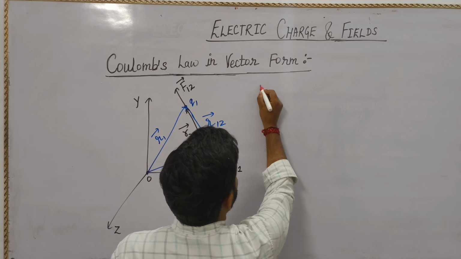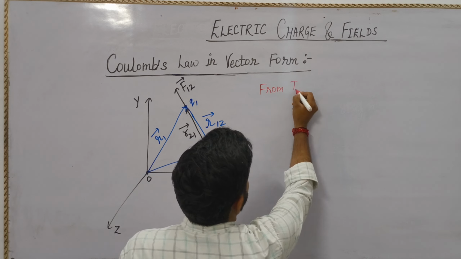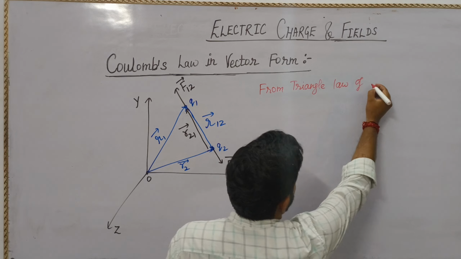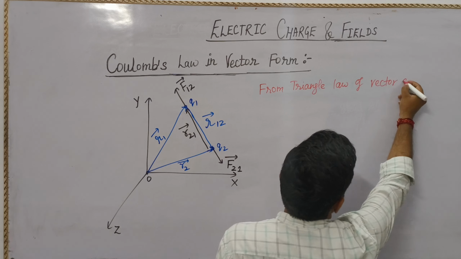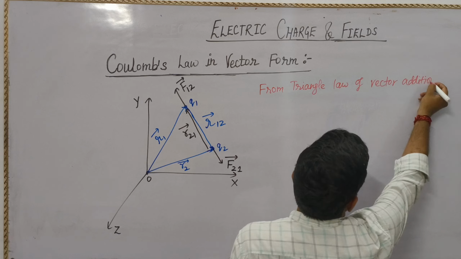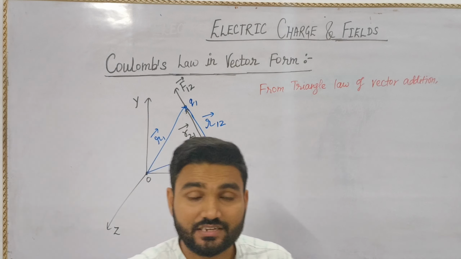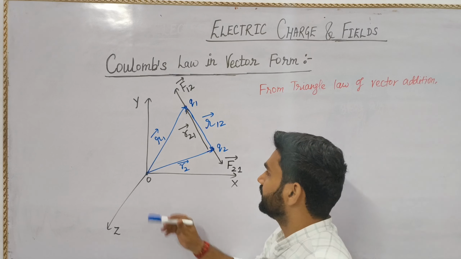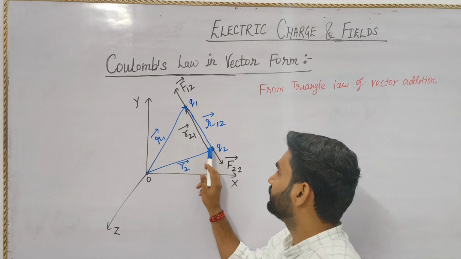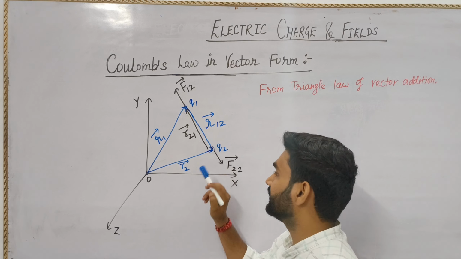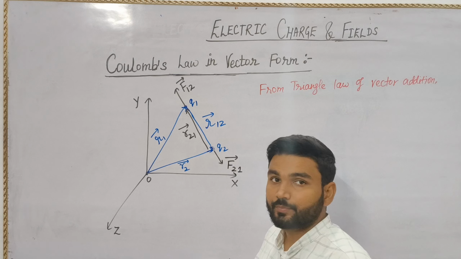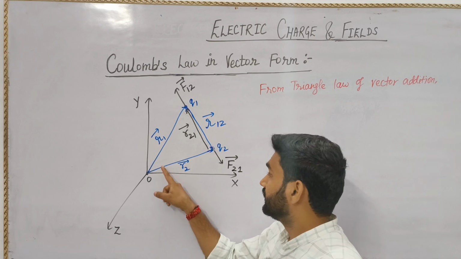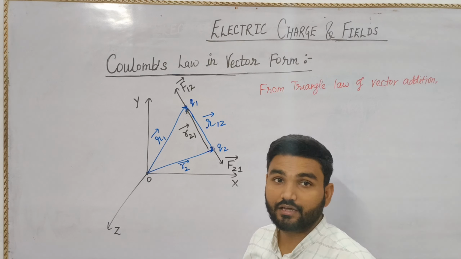Here we know from the triangle law of vector addition. What is the triangle law of vector addition? The triangle law of vector addition says that here a vector is starting from O to Q2, and this is in the direction of vector R21. So the resultant of R2 and R21 is the R1 vector.